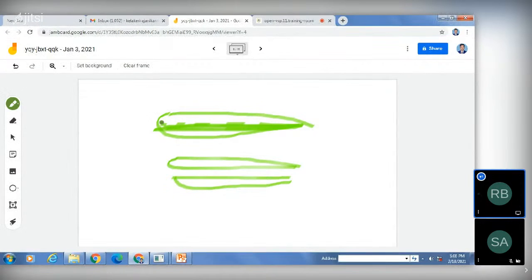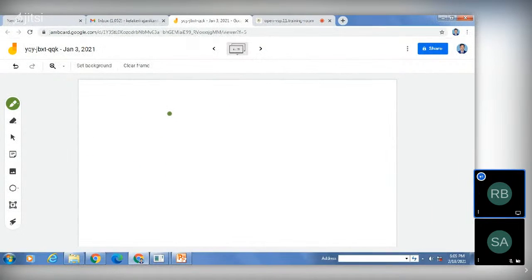That comes under the symmetrical case, because after cutting this part we get two equal parts. These two parts are equal, so that's why we call it a symmetrical airfoil.